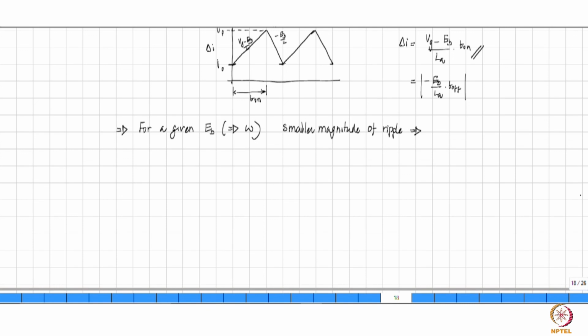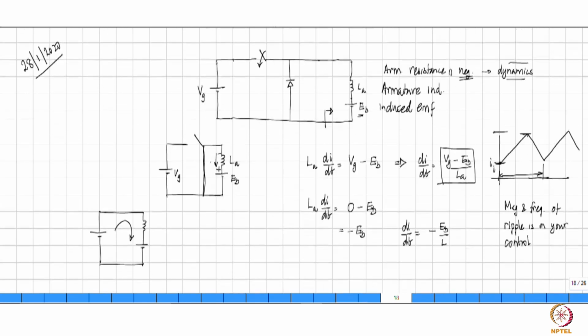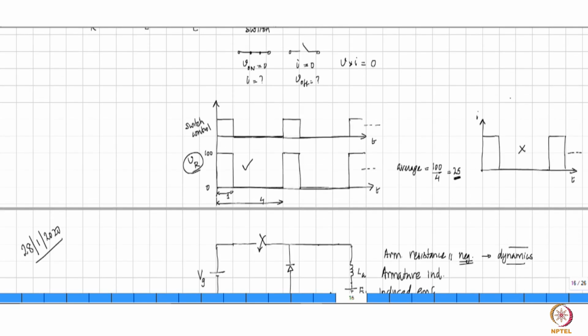But you can't just decrease the value of T on. Why? Because you want a certain armature voltage, and the value of armature voltage is Vg multiplied by T on divided by T. If you simply decrease the value of T on and keep the overall duration same, then it means the average voltage will come down. That is what I am talking about. If you look at the circuit here, how do you get the average voltage?